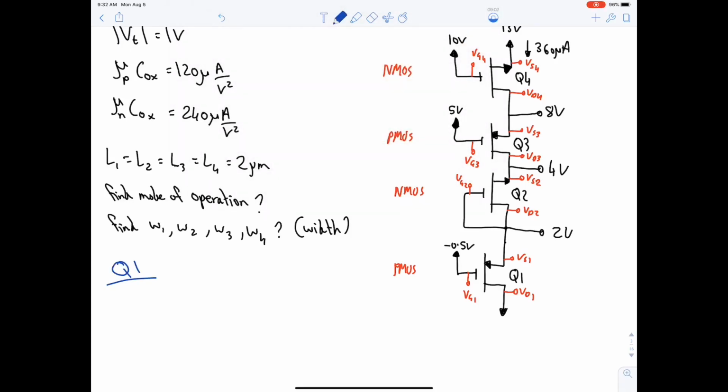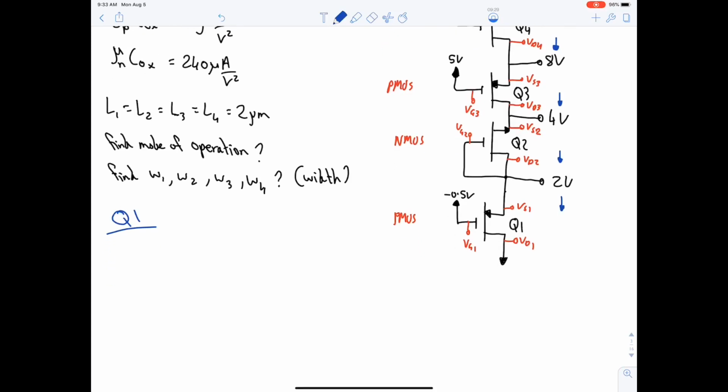You can probably ask yourself, where should I start, from Q1 or Q4? It doesn't matter. Reason being, you see this current, even though it's on Q4, the current here is exactly the current in here, and it's equal on all MOSFETs, so it doesn't matter where you start. Okay, so for Q1 we need to find the mode of operation.